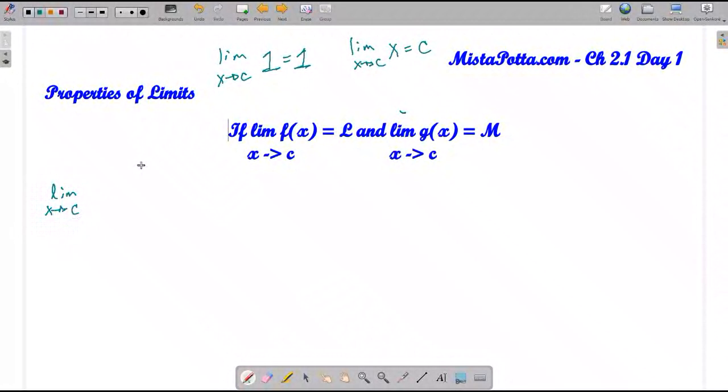So for example, let's say I want to find the limit as x approaches c of the expression f of x plus g of x.